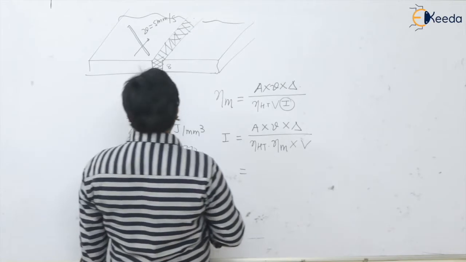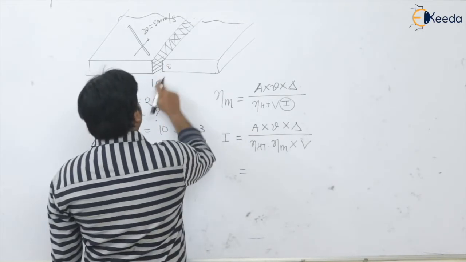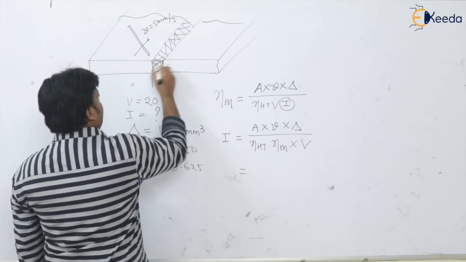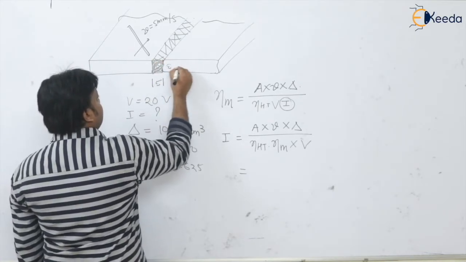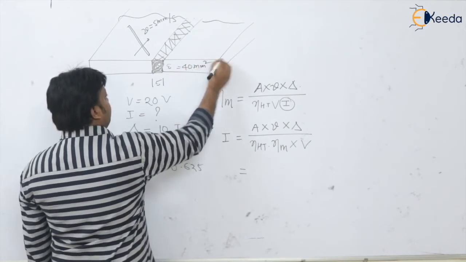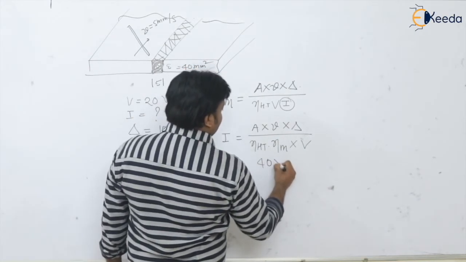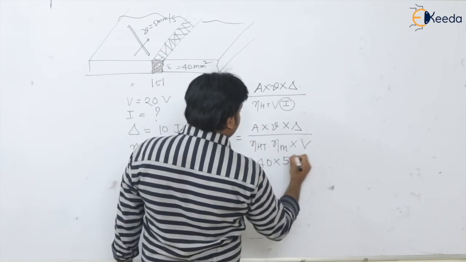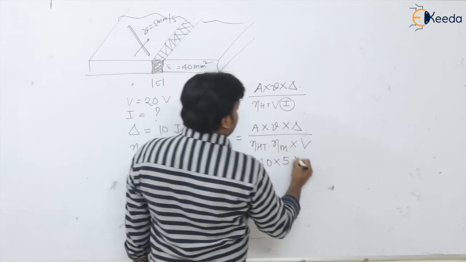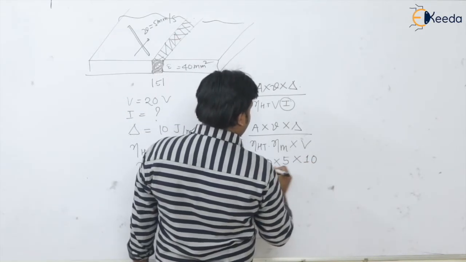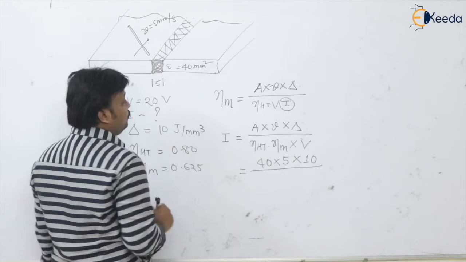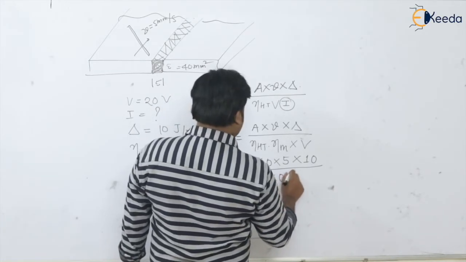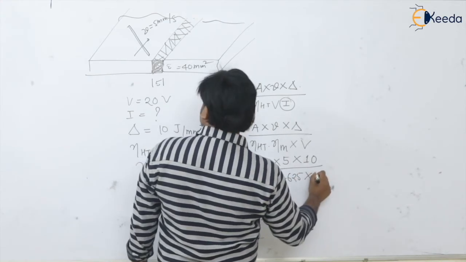Put the values. Area will be 8 into 5, that is 40 millimeter square. This is 40 into travel speed of electrode 5 mm per second into heat required for melting of the steel, 10 joule per mm cube, divided by 0.8 into 0.625 into voltage 20.